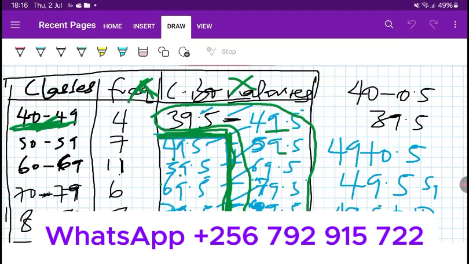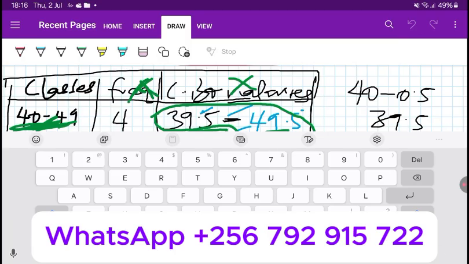So it means that here you are going to get a scale for both. Remember, even the horizontal axis has values. This is 39.5 up to 89.5. So you need to get a suitable scale. If you look at the frequency, the highest frequency is 11. It means you just take 1 centimeter to represent 1 unit. Because you will be in a graph, I'm very sure you have those 10 centimeters that can represent the 11, the highest value as 11.